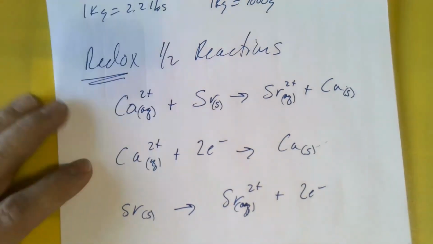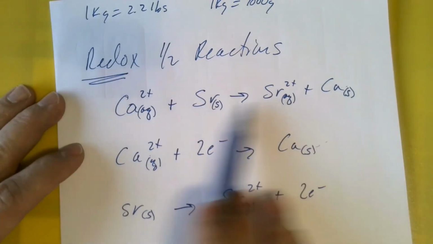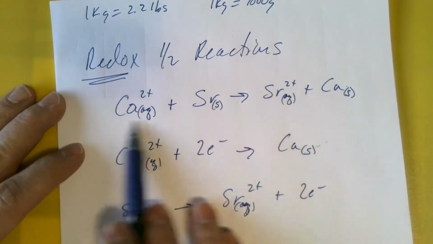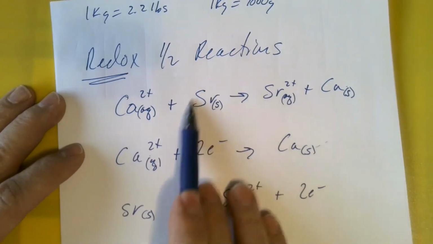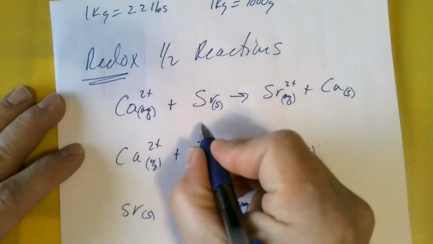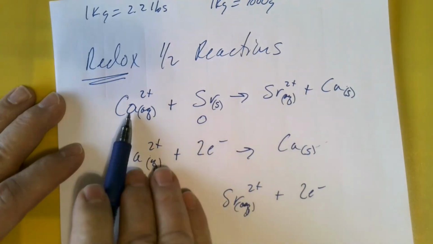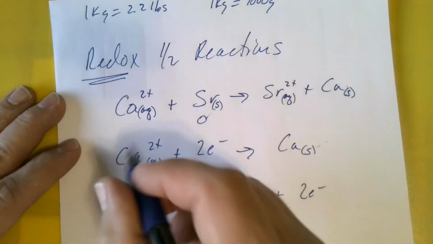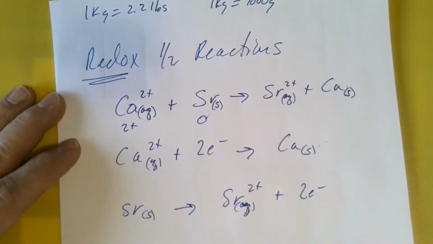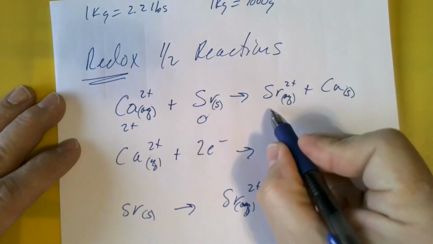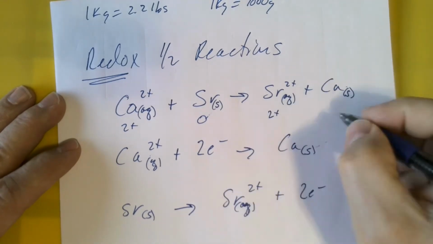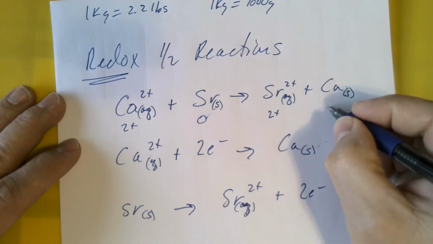Now, if I go back up here and I wanted to number these, here's strontium elemental. It would have a number of what? 0, right? Calcium 2 positive, it's obvious it's a 2 positive. I go over here, this strontium is a 2 positive, this calcium is a 0.